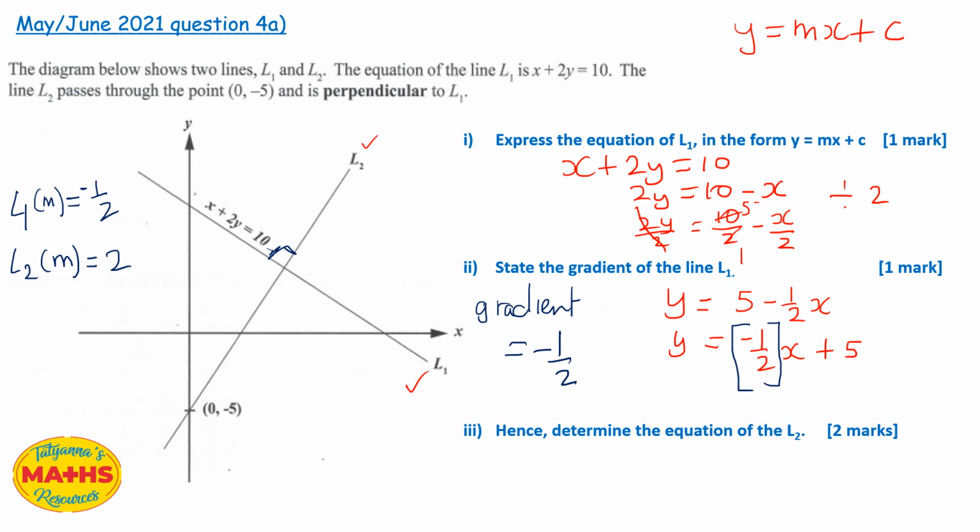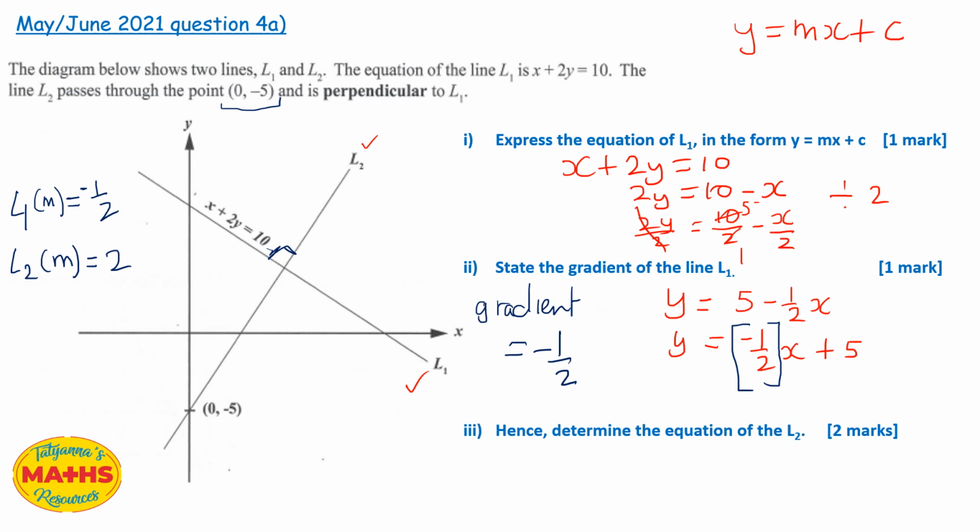The rule is the gradient of one line times the gradient of the second line should give you negative 1. And we're going to use these coordinates (0, negative 5).